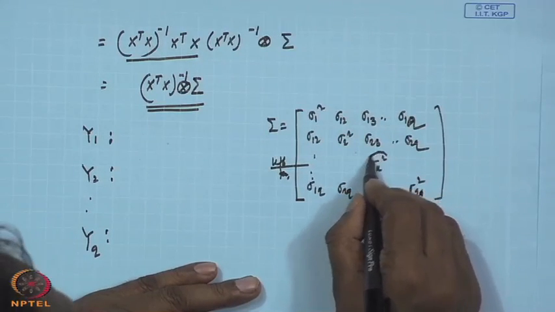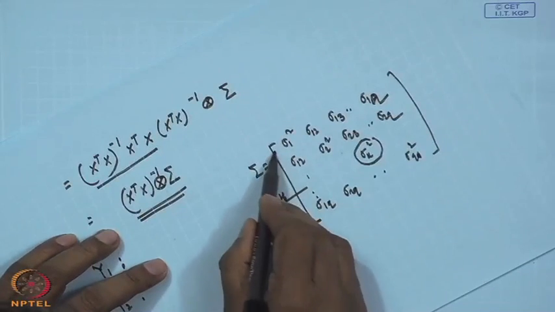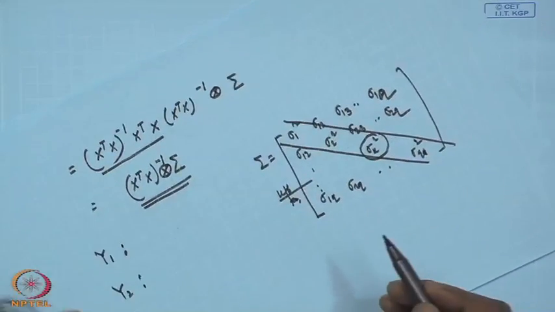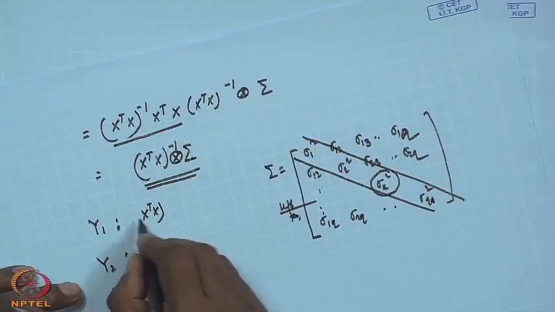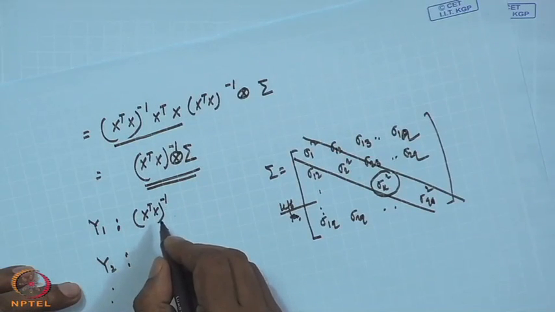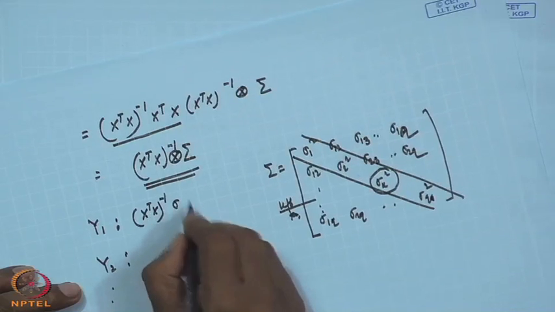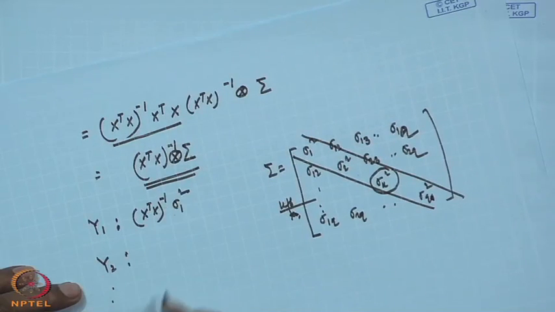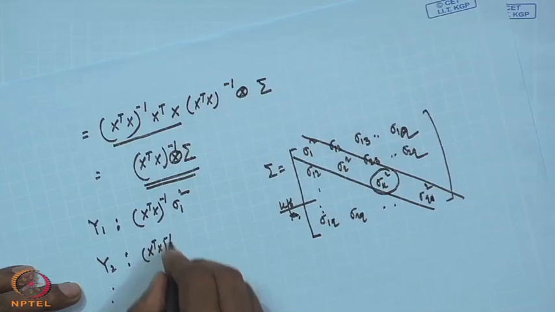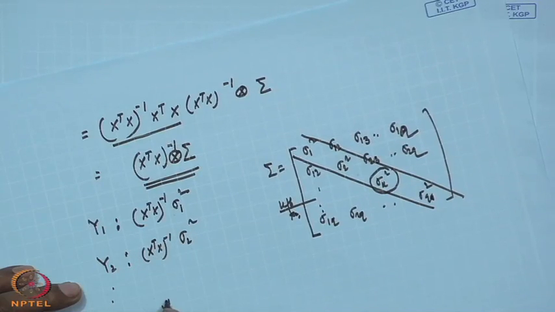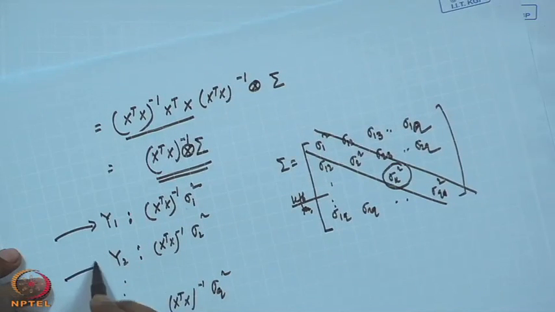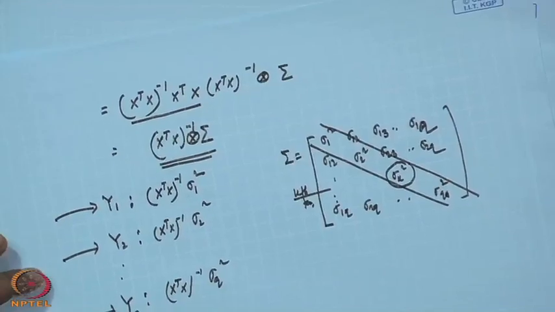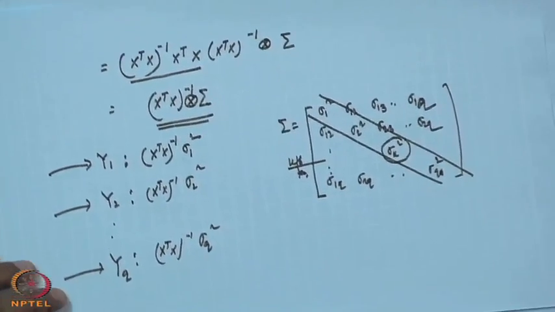So, if I go by the individual y variable, for the kth variable you take the diagonal element. I think you can still remember that in the univariate case we used X transpose X and sigma square. So, that means it is sigma 1 square X transpose X inverse, sigma 2 square X transpose X inverse, like this sigma q square X transpose X inverse, when you talk about the individual dependent variable part.